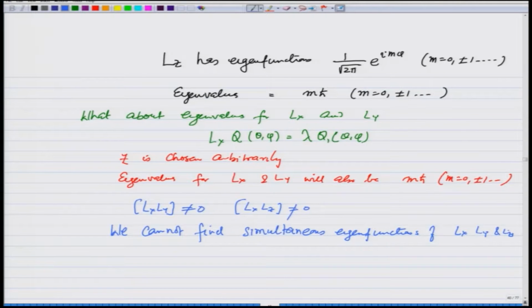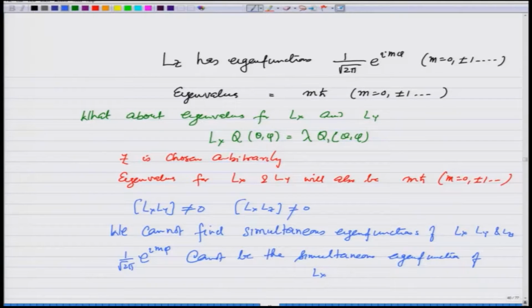So, I choose only one component Lz, and then e raised to i m phi, 1 over root 2 pi cannot be the simultaneous eigenfunction of Lx and Ly. So, we can choose only one, all right, and that eigenvalue is this.